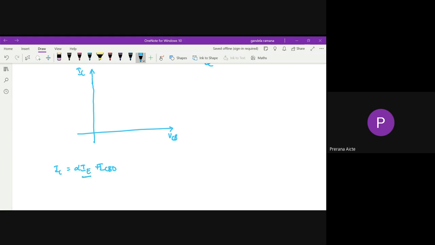When IE is 0, some ICB naught is still there. So this is the cutoff region.